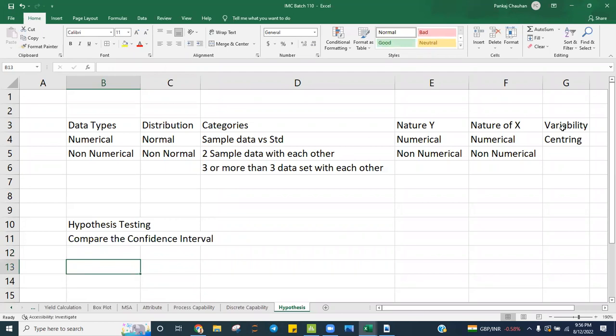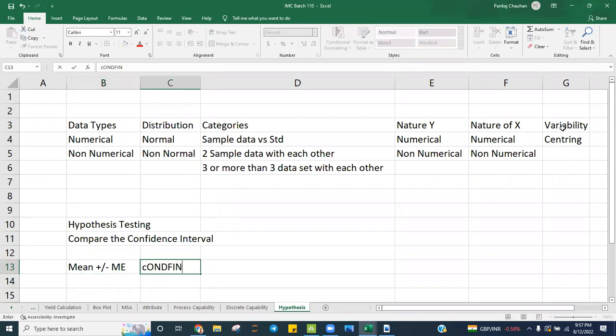Whichever metric you are comparing, whether mean, median, standard deviation, proportion, or defect rate, whatever value you have, here I am taking the mean as an example. So mean plus or minus margin of error is equal to your confidence interval. So if you are comparing the median, you will be comparing the confidence interval for the median.